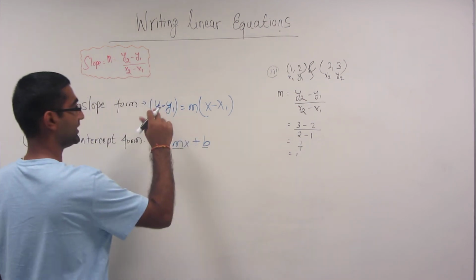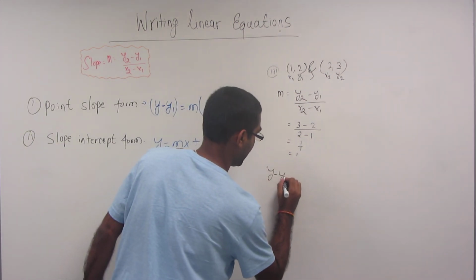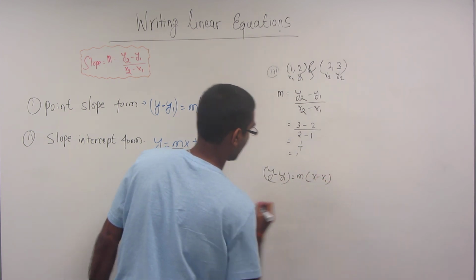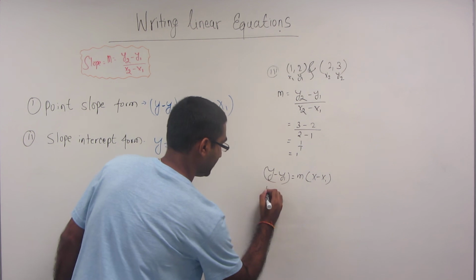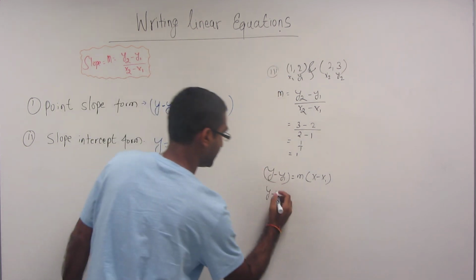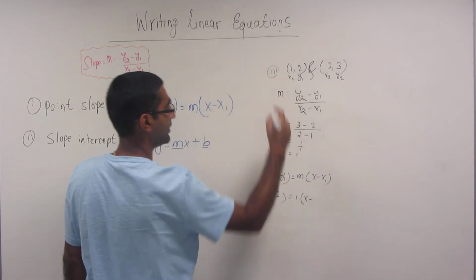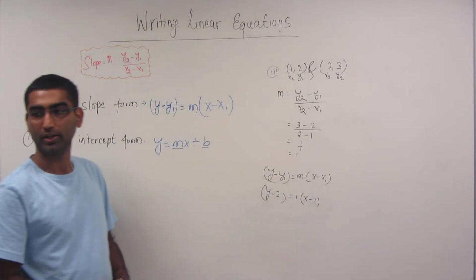Now we're ready to plug that into this formula, so we have y minus y1 equals m times (x minus x1). Okay? So y by itself, y1 again 2, m is 1, x by itself, x1 is 1.